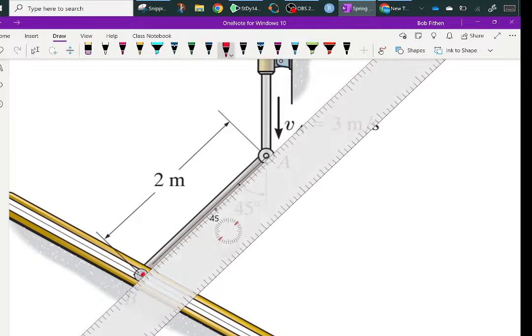So if I count, I've got a major tick here, there's a 1, there's a 2, 3, and in between there's 1, 2, 3, 4, 5, so that's 0.1. So that's 2. That's 3.2. So 3.2 ticks for each 2 meters.